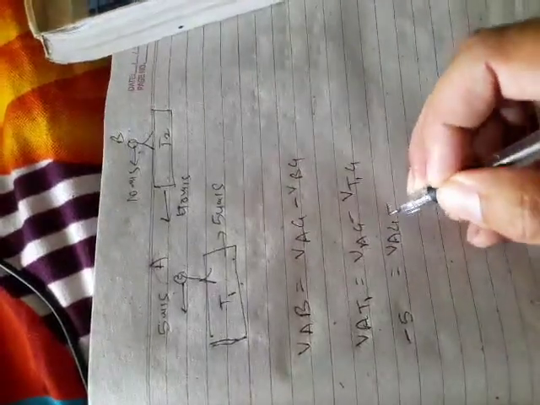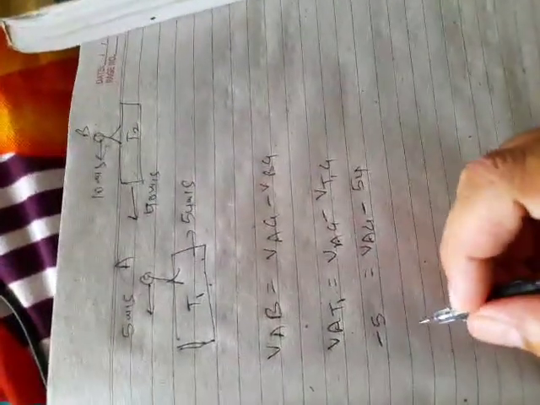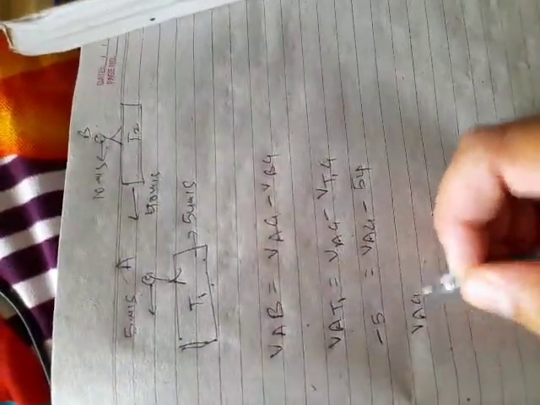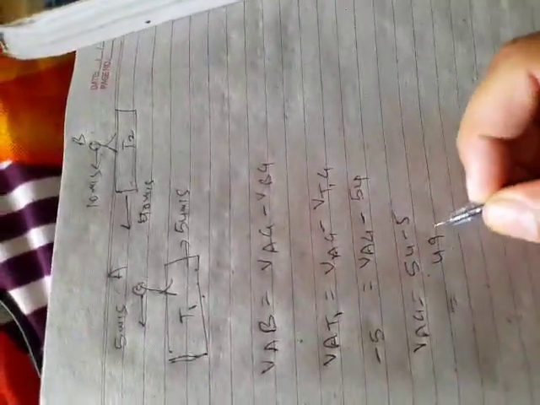VAG you have to find out. VT1 with respect to ground in the forward side is 54 meter per second. Then you can find VAG: 54 minus 5, how much you will get? I think 49 meter per second.